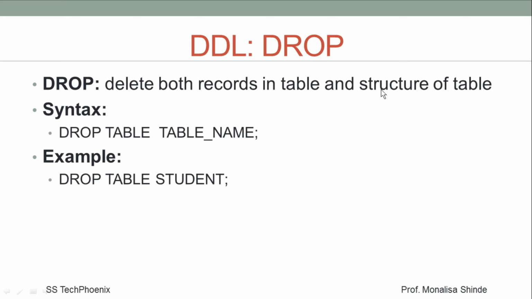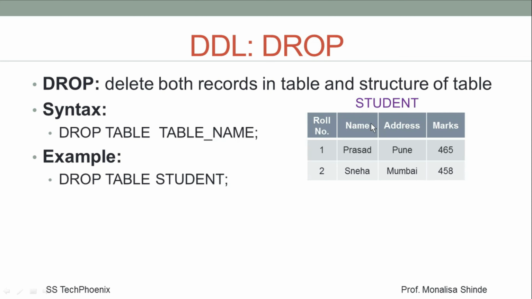Now there is also another command which deletes only one of them. We will see it later. The syntax for drop is: drop table, table name. Simply we have to specify the name of the table which we want to delete. For example, student is the table name which we want to delete from the database.